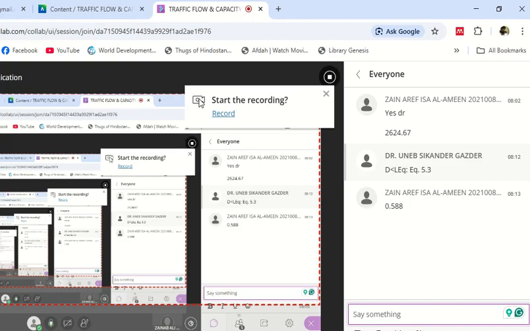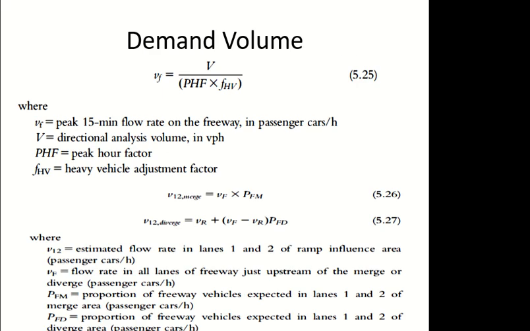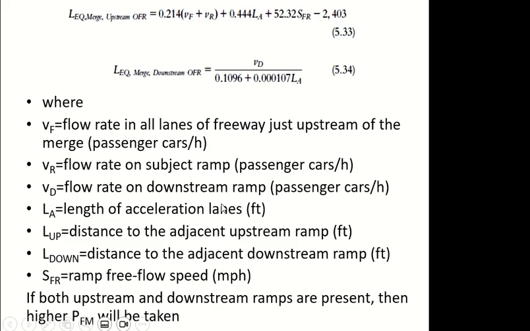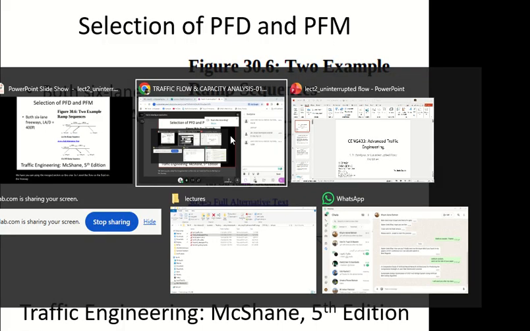Okay, so 58% of the traffic will be in the first two lanes. So the flow in the first two lanes will be the, we are using the merge section, so this one. So I need the flow on the freeway, which is 2000 here.